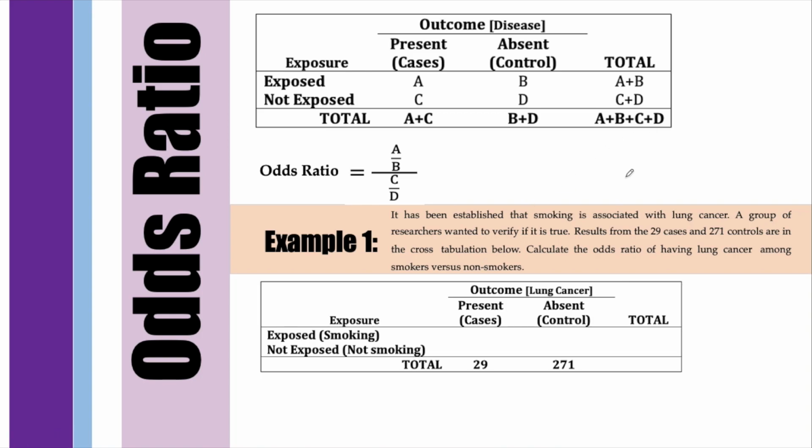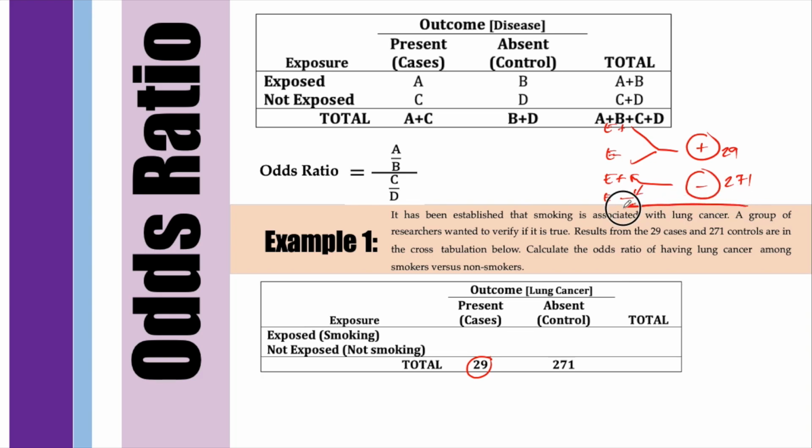So remember that a while ago, we have a group of cases and a group of controls. How many of them were exposed and how many of them were not exposed? So in this case, 29 here are the positive cases and 271 here are those without the disease.